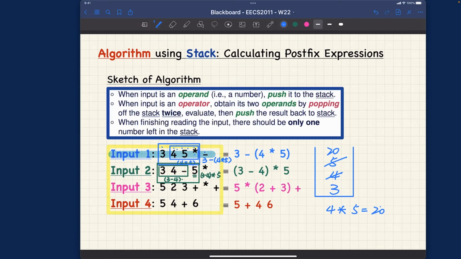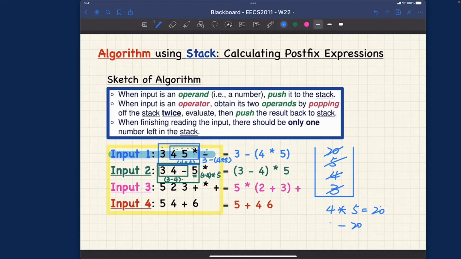And let's now go to the next input character. What's the next one? After multiplication, the next one will be subtraction. So that means we got some subtraction to do, and we need the right operand followed by the left operand. The right operand is going to be the top of the stack, the first pop, which will be 20. And the left operand will be the second pop, which will be 3. Right?